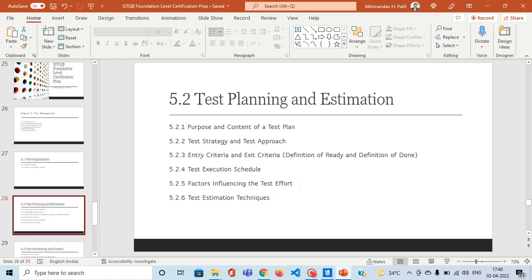And the quality of test basis. What we are taking as a reference for designing or implementing test cases, the quality of that test basis is most important. If test basis is of good quality, effort will be less, and vice versa. The size of the product: if the product is mammoth, obviously the effort involved will be more. And complexity of product domain.